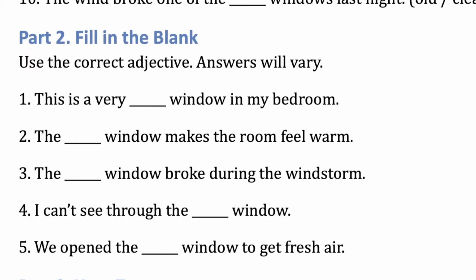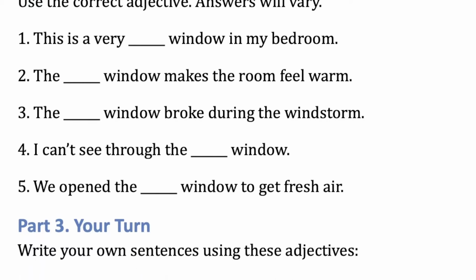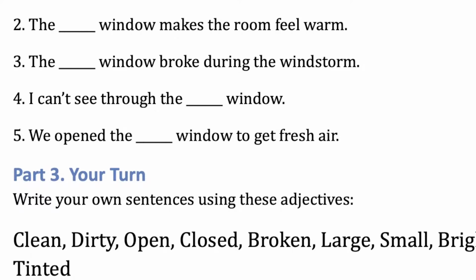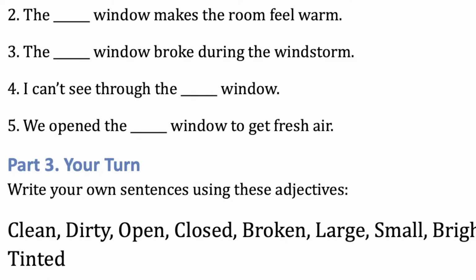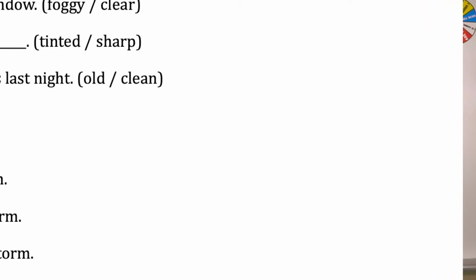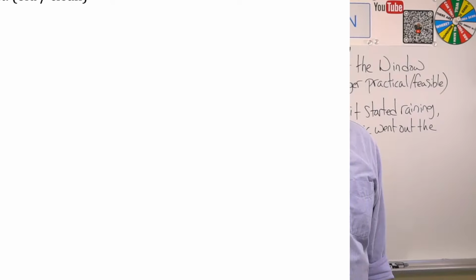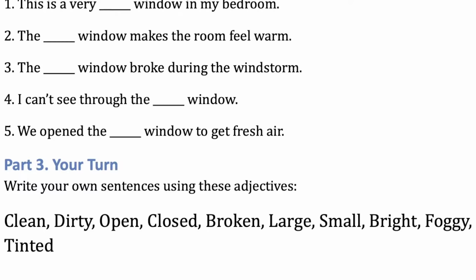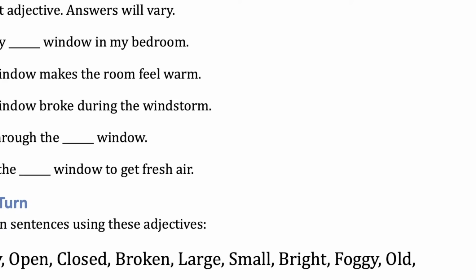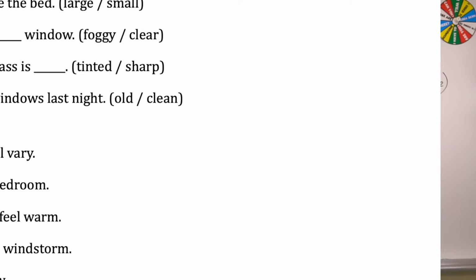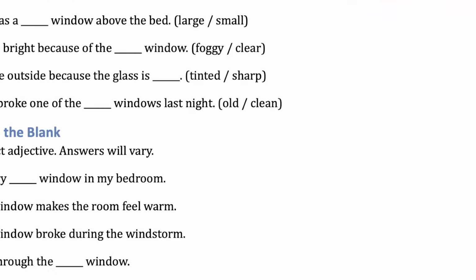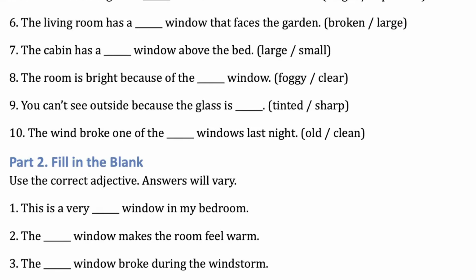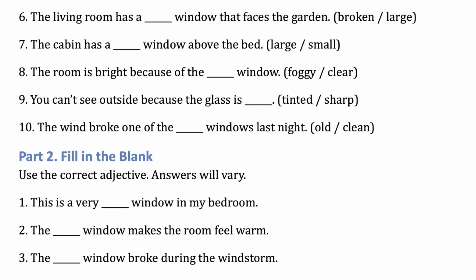Okay, part 3 here. I have to make it a little bit smaller. So now you're going to make your own sentences now, right? As you can see, in part 1 you choose between 2 adjectives for the sentence.